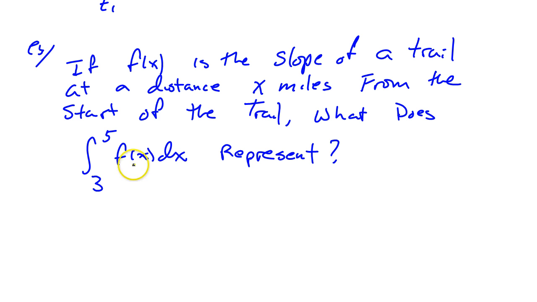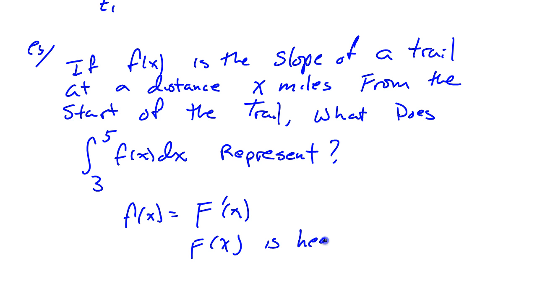If f is the slope of the trail, then f of x is the derivative of some capital F of x, where capital F of x must be the height function.